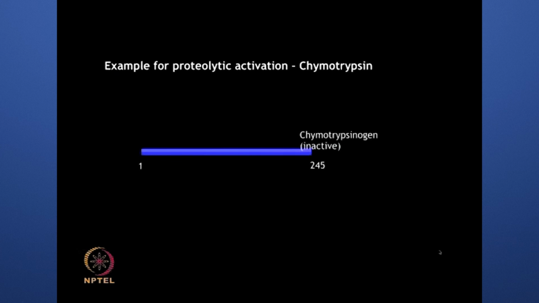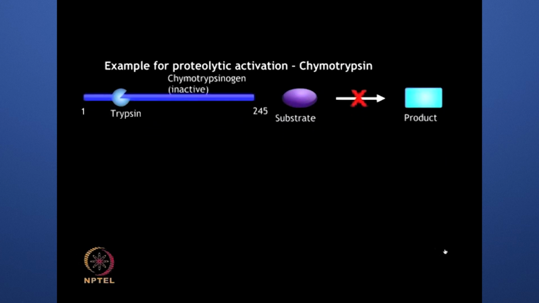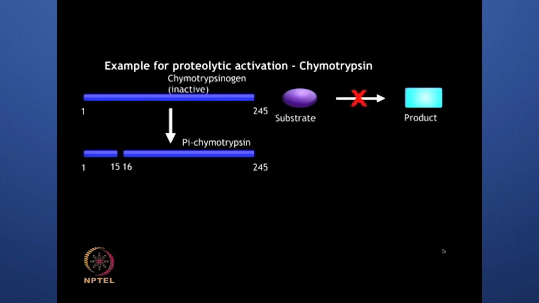Chymotrypsin, a digestive enzyme that hydrolyzes protein in the small intestine, exists in its zymogen form within membrane bound granules after synthesis in the acinar cells of the pancreas. The proteolytic enzyme trypsin converts it into its active form by cleavage of a peptide bond between arginine at position 15 and isoleucine at position 16.